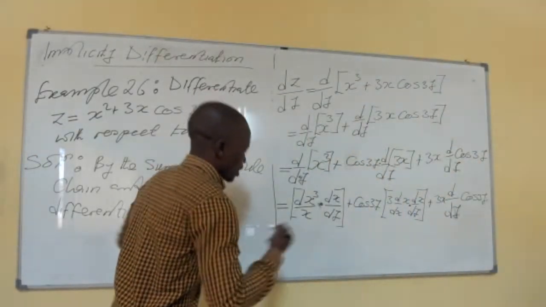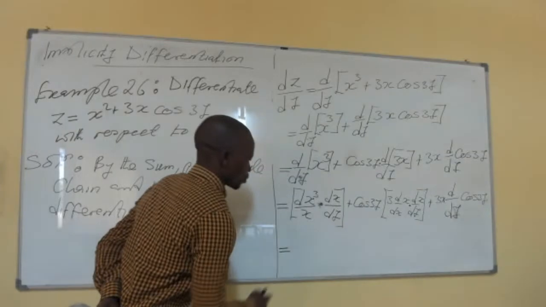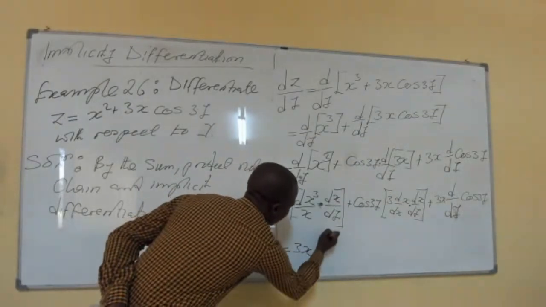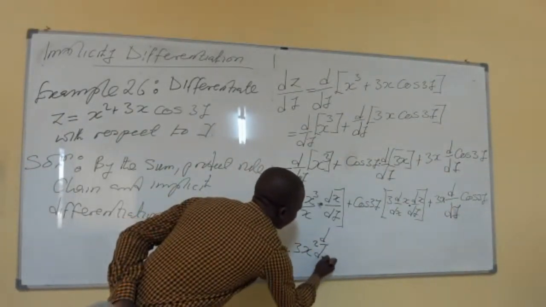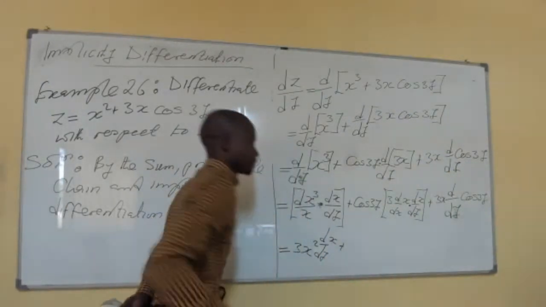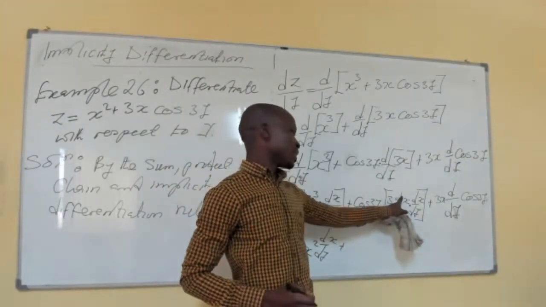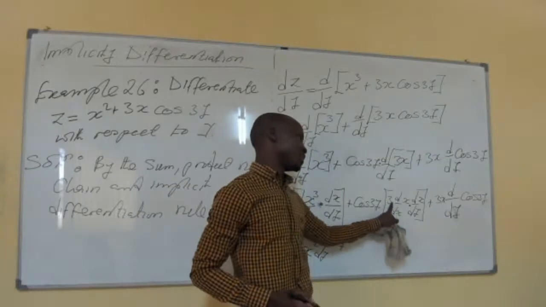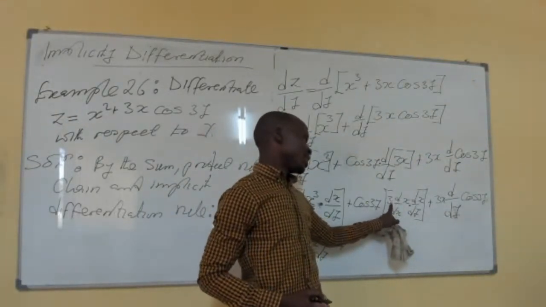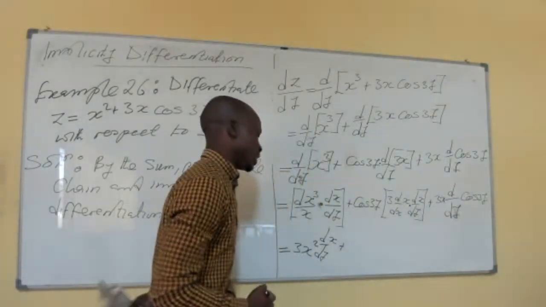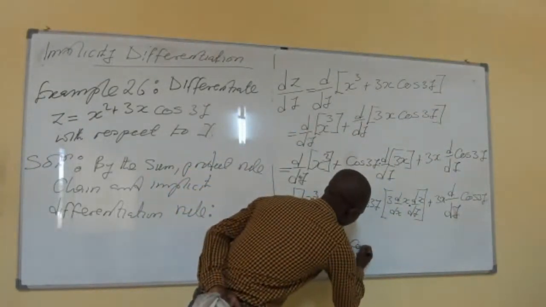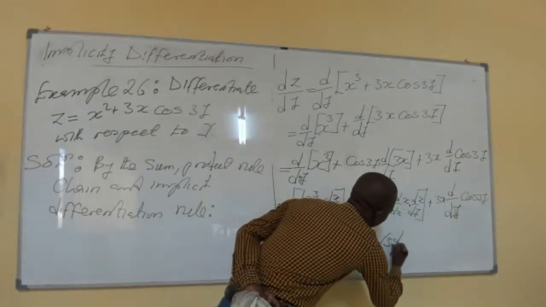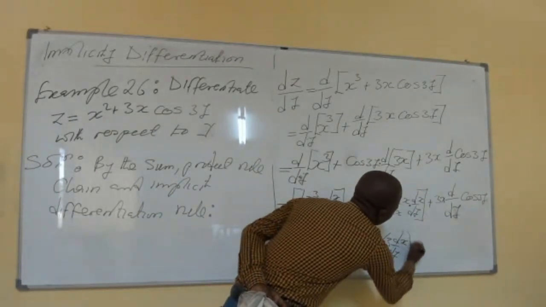Now the derivative of x cubed with respect to x gives us 3x squared, times the derivative of x with respect to y. Plus, 3 times the derivative of x with respect to x, which is 1, so 3 times dx/dy, which is just 3 dx/dy. So we have the cosine of 3y multiplied by 3 times dx/dy.